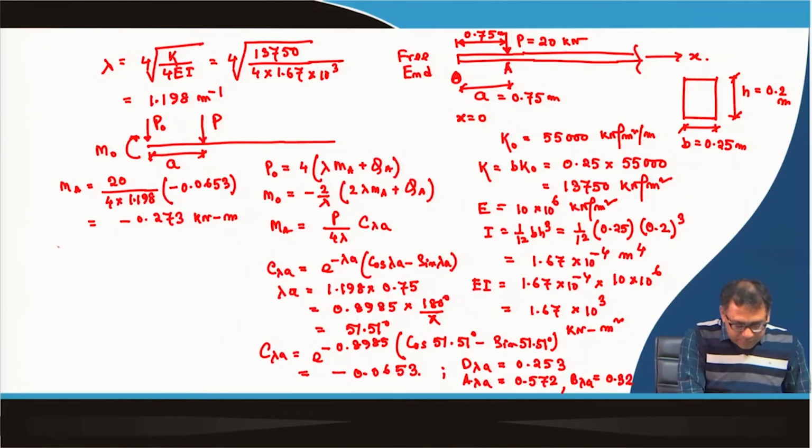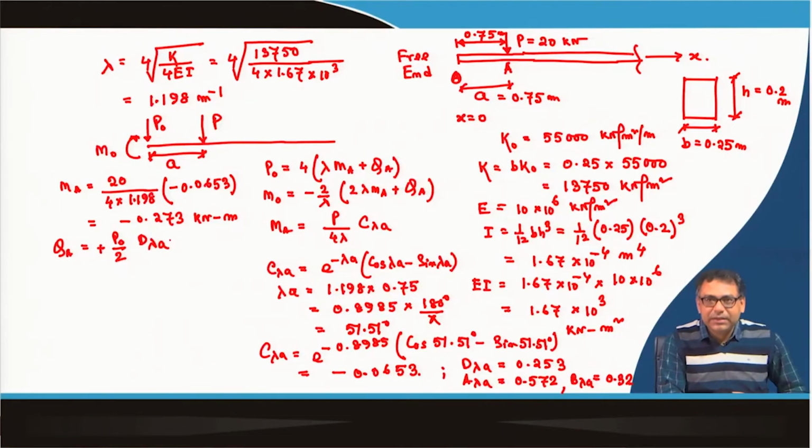Now, similarly, I can calculate Q A, which is equal to plus P 0 d lambda A. Now, why is it plus P 0? Because, as I mentioned, if you are calculating any value for a concentrated load on the left side of the loading, then for shear force and slope this sign will be opposite.